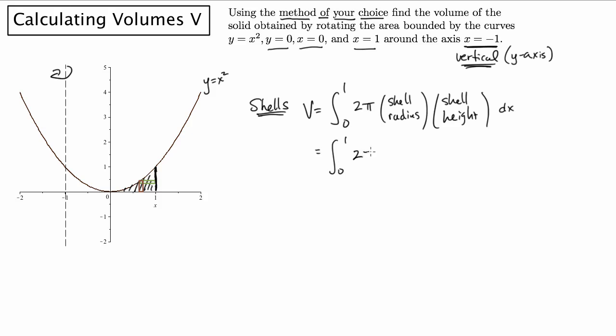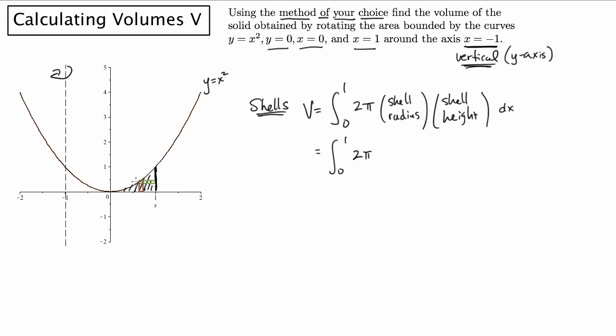And we have to answer the question about what our radius is. And this is the sneaky part of this problem. Typically when we think of radius, we think of it as the distance from the axis of rotation to our rectangle.